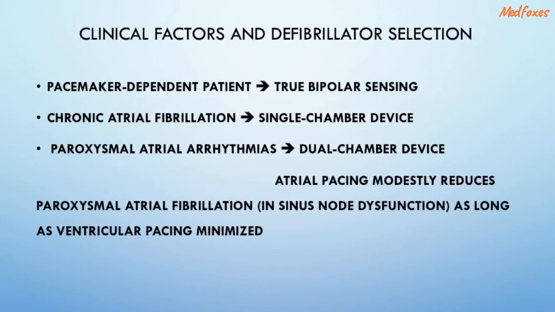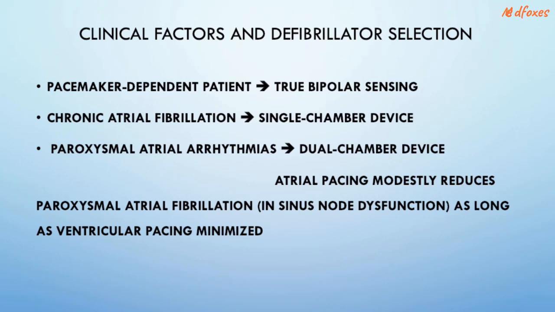In pacemaker dependent patients, true bipolar sensing is preferable. In chronic atrial fibrillation, a single chamber device, VVIR usually or rarely VVI. In paroxysmal atrial arrhythmia, dual chamber devices enhance specificity and lower the risk of inappropriate therapy, particularly if VT is with a heart rate of less than 200 beats per minute.